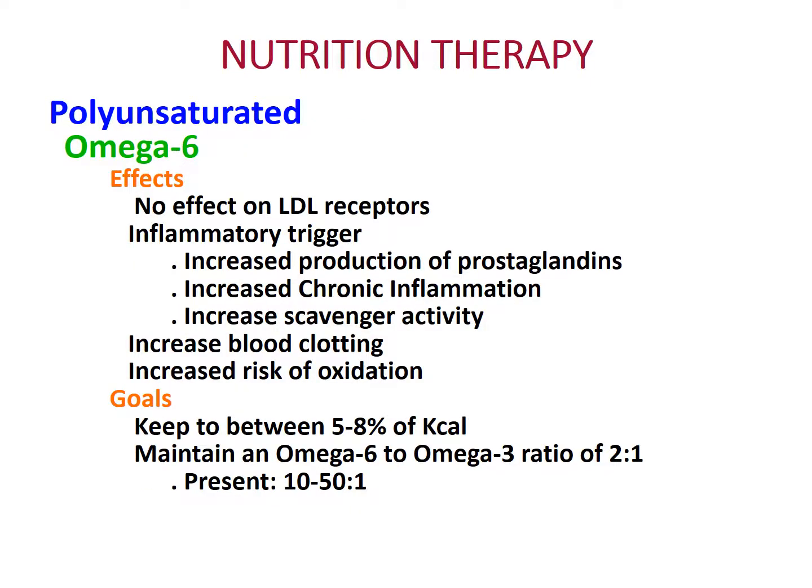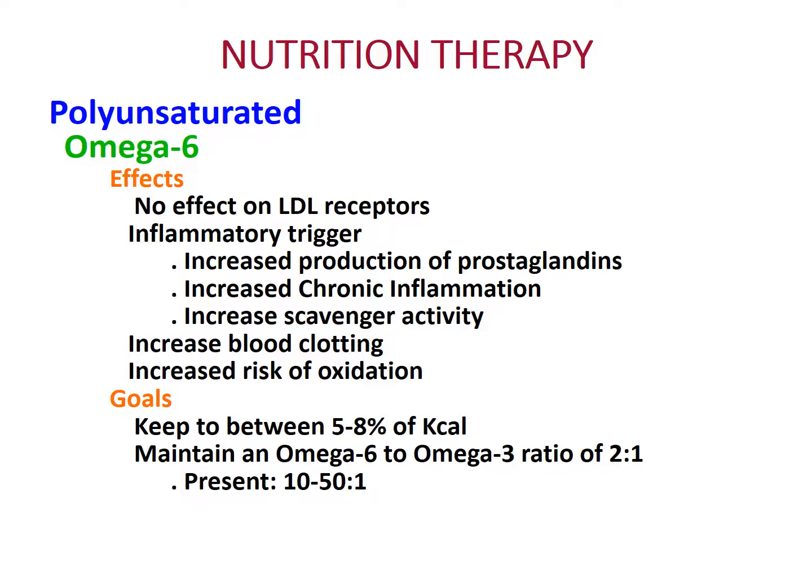Omega-6s are not considered heart-friendly. You don't see the little heart label on omega-6s. It has nothing to do with their effect on the LDL receptors. But they do increase inflammation. They increase the production of what are called prostaglandins.